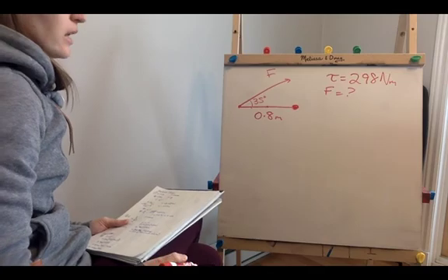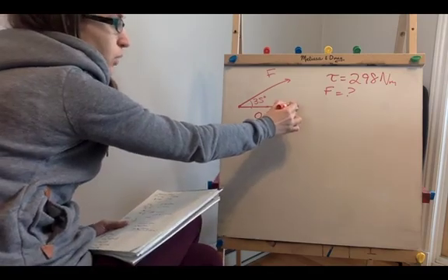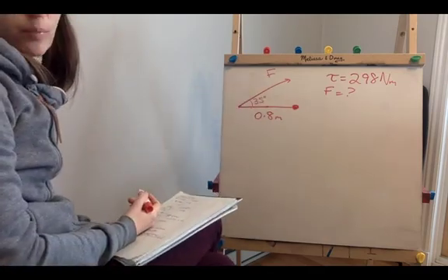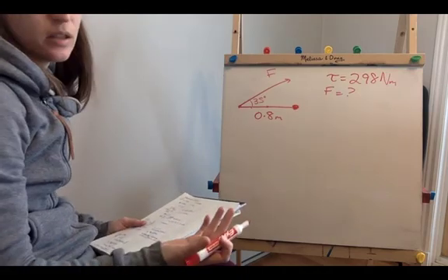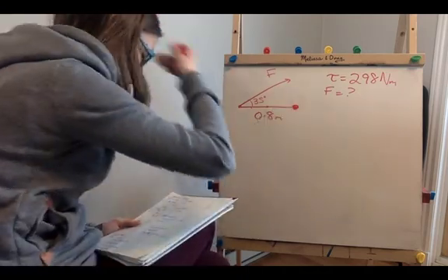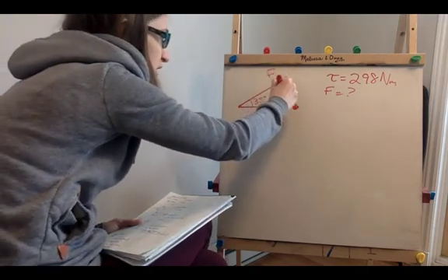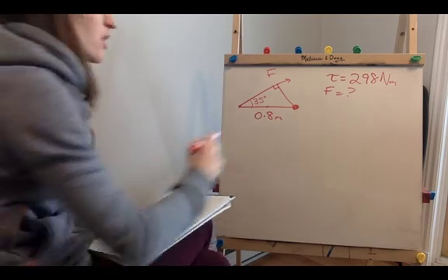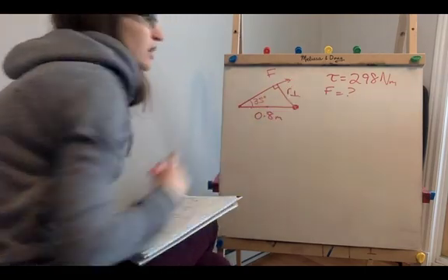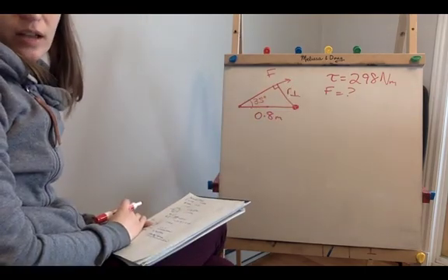Let's draw a line from the pivot point to the force being applied such that we get a perpendicular distance. We get a perpendicular line, and that will be the length of our lever arm. So what we end up getting here is this. And there's our perpendicular. This is the value of our lever arm that we are trying to calculate.